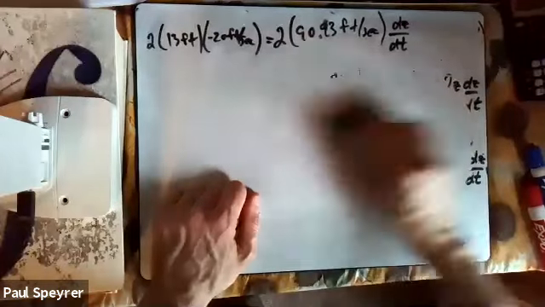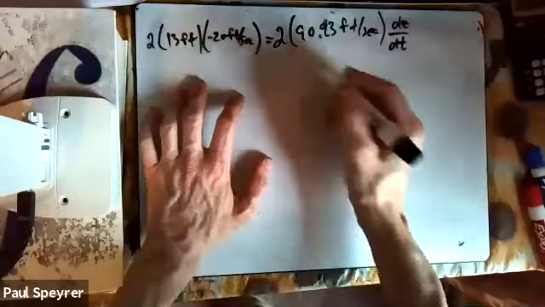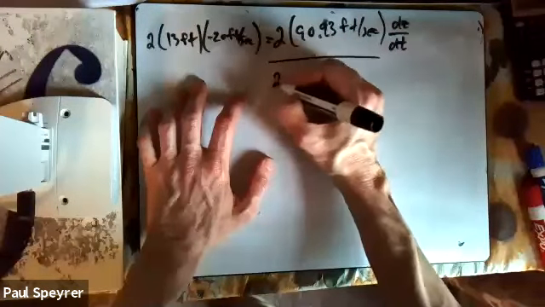And then from here to solve, what do we need to do? Just divide both sides by this component right here.